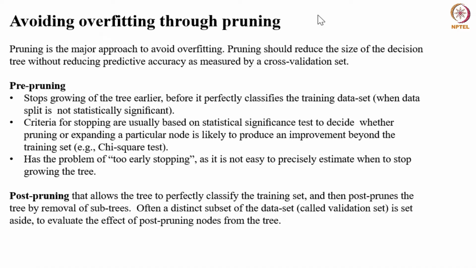There are 2 kinds of pruning. On one hand, we can have pre-pruning, where you stop growing the tree earlier, before it perfectly classifies the training data set, which means that no longer data split is statistically significant. Criteria for stopping are usually based on statistical tests, like the chi-square test.